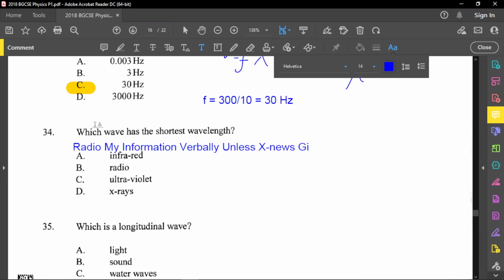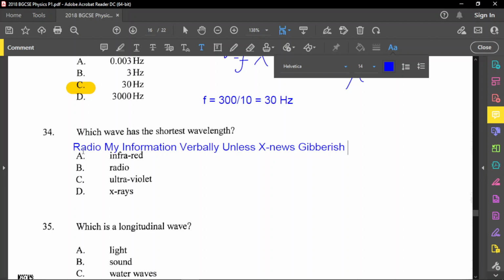So if X news is gibberish, I want to radio my information verbally. So I want to hear it verbally rather than X news. X news could probably be a newspaper, right? I just gave it a name, X news. So unless X news is gibberish, please radio my information verbally.